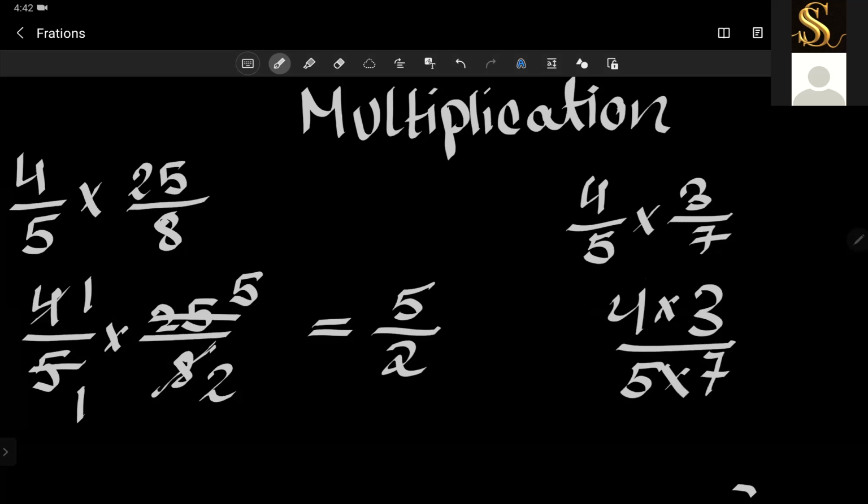So I will write 1 upon 3 into 8 upon 8 plus 1 upon 24. The bracket closes into 1 upon 12. Bracket closes and another bracket closes.